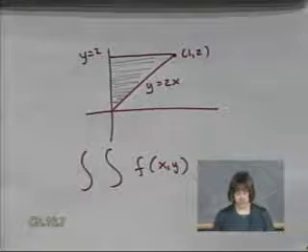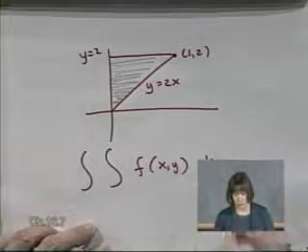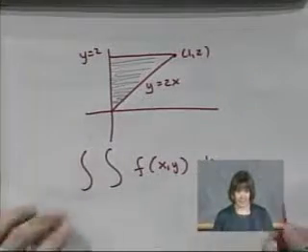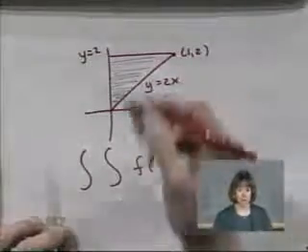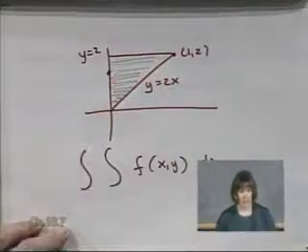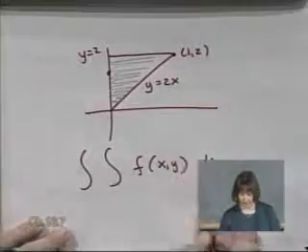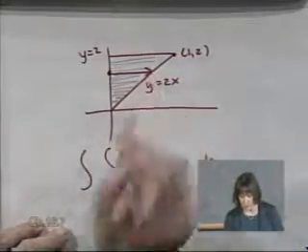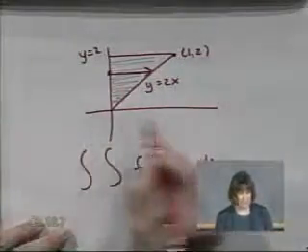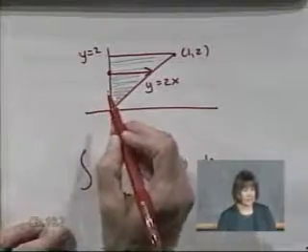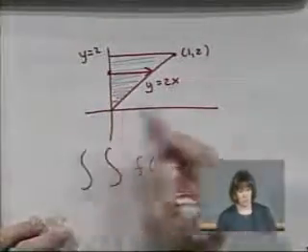If I decided to integrate with respect to x first, remember what I did. I said pick an arbitrary y in your region, and then say what is x ranging from. You didn't do it on the x-axis. You picked an arbitrary point in the region and said, what is x ranging from?